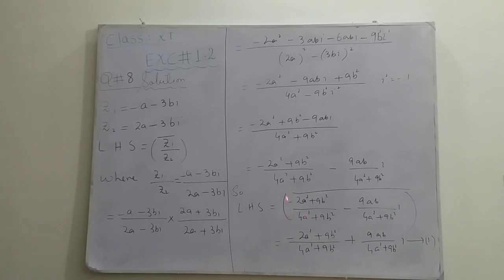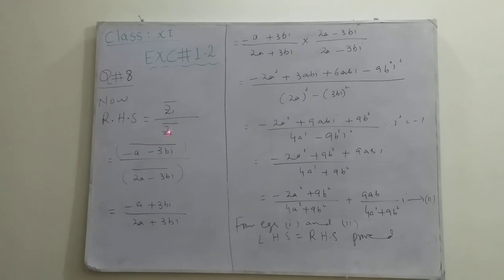Means we will put the value of z1 by z2 on the left hand side. When we take the conjugate, the sign of the imaginary part will be changed. So we have (-2a² + 9b²)/(4a² + 9b²) + 9ab/(4a² + 9b²) i.